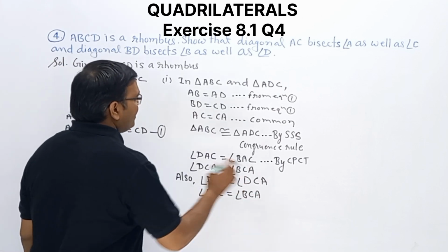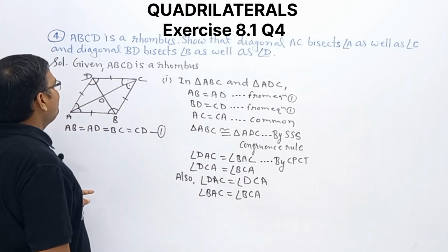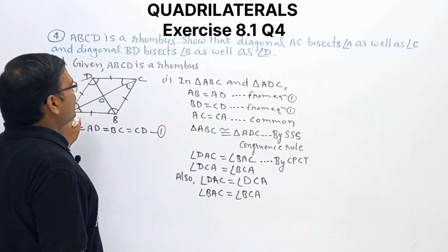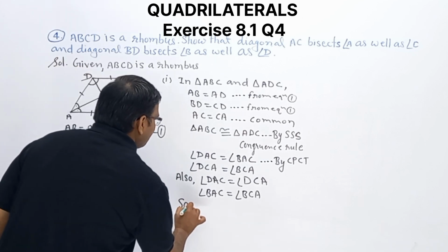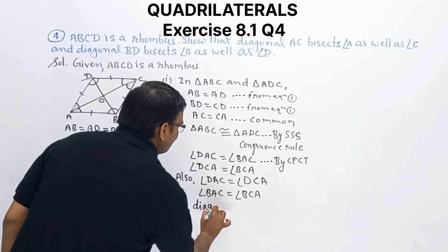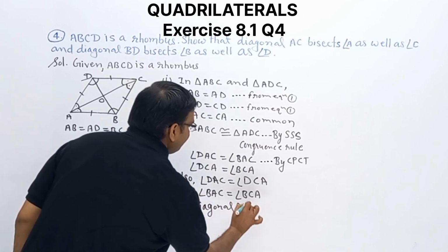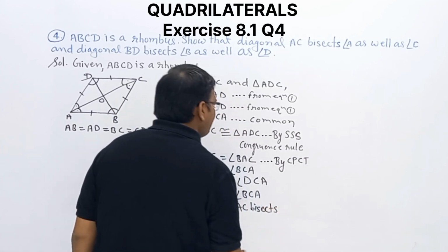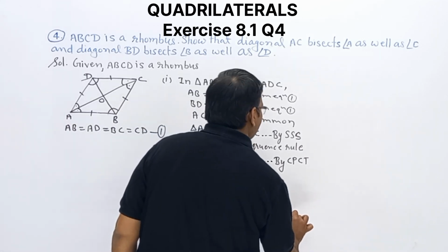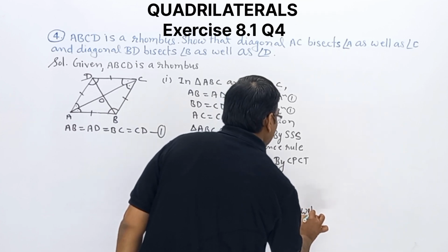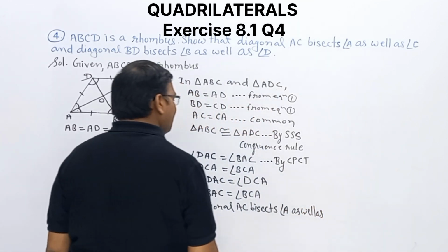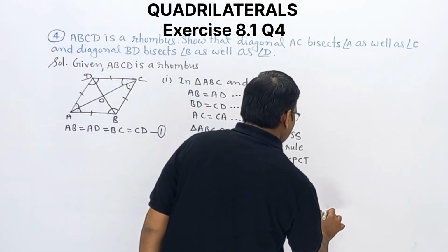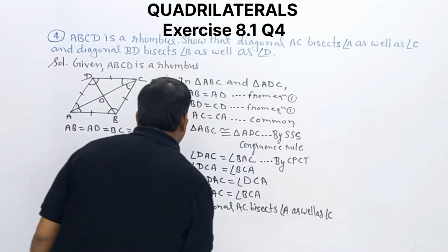So from these observations, we can say diagonal AC bisects angle A as well as angle C. Hence proved.